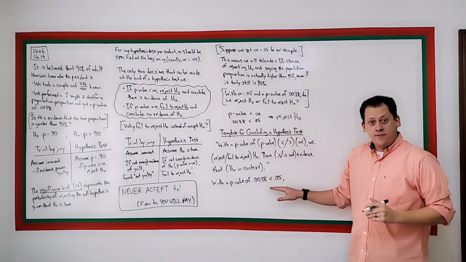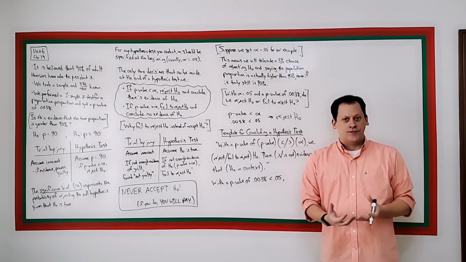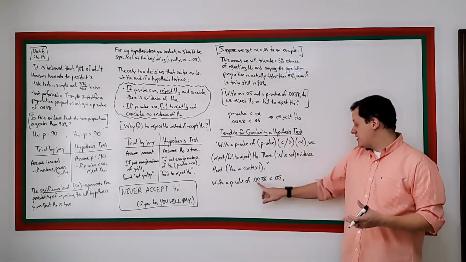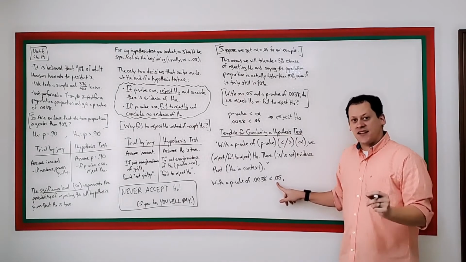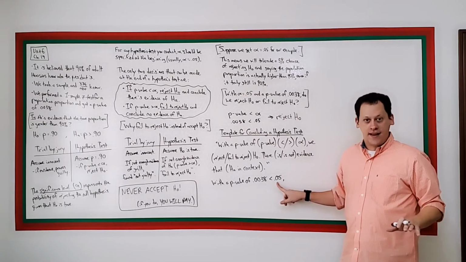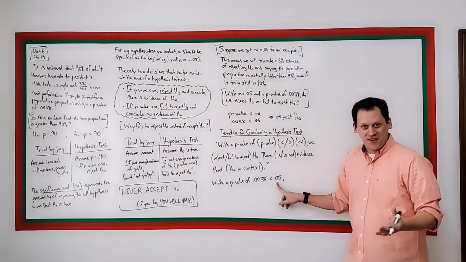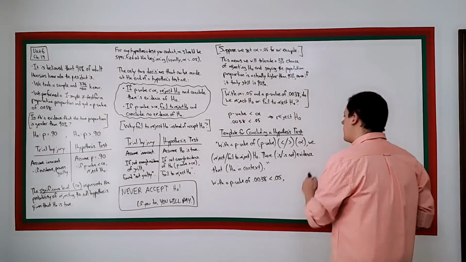When you write it this way, it is understood by professionals that your p-value is this one, obviously. This is the significance level, alpha. We all understand that. You don't have to say anything else here. This is enough for this part.